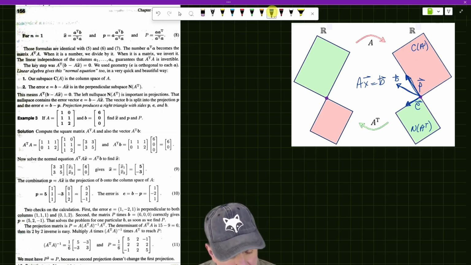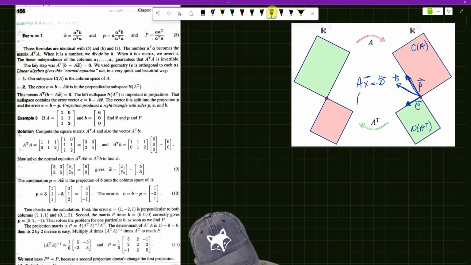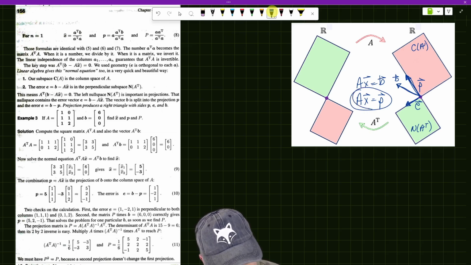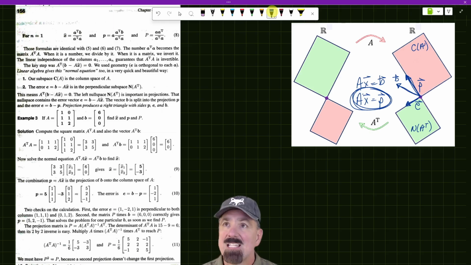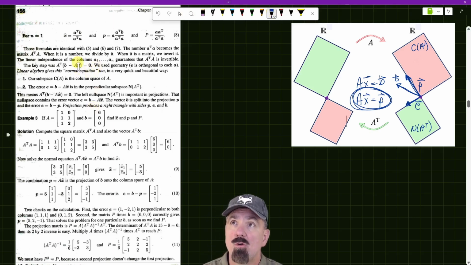So what we're going to do is, because we can't solve this, we're going to solve for Ax equals p. We want to project b into p, and the question is, how do we come up with this problem? That's the discussion associated with the normal equations, and how we're really just forcing A transpose times the error vector to be equal to 0.